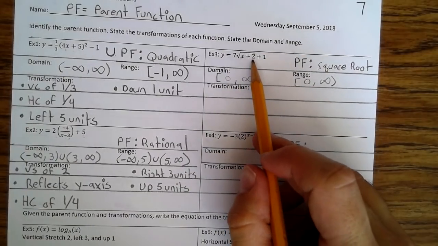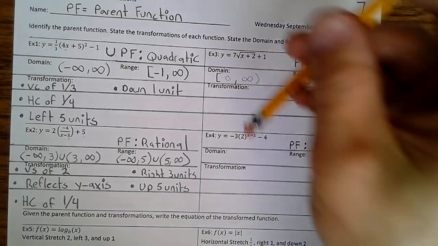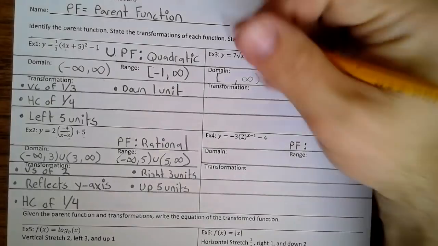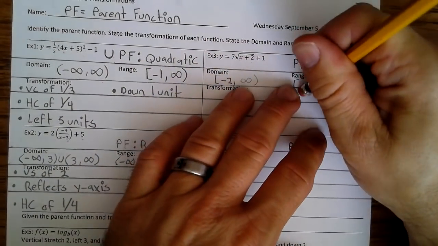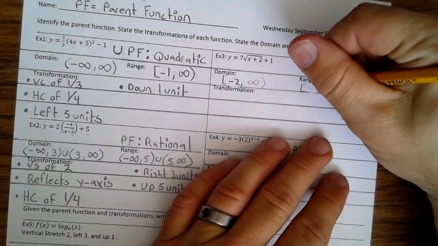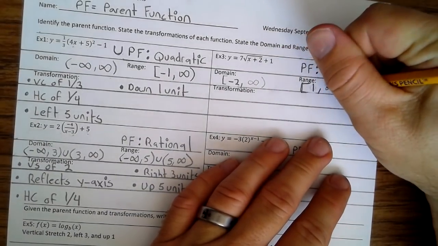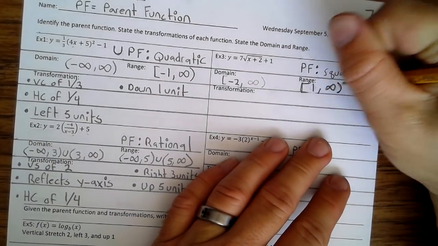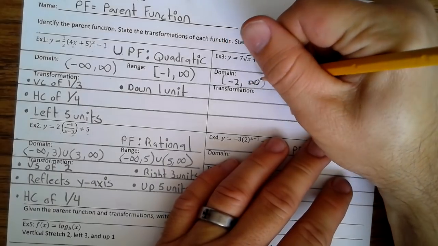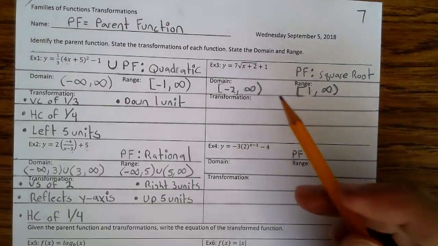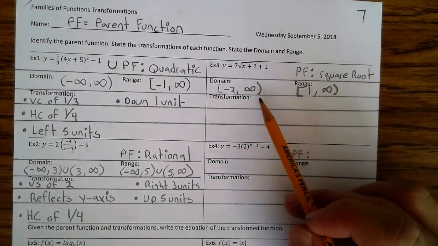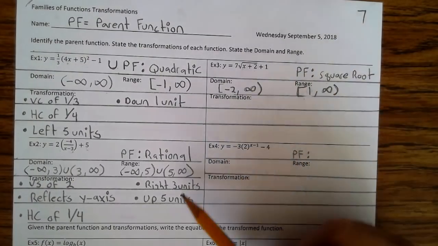But here, the plus 2 means we go left 2, so the domain is negative 2 to infinity, and the plus 1 means go up 1, so it's 1 to infinity. I'm hoping that you're starting to see that you need to memorize or find some way to remember the domain and range of the parent functions.